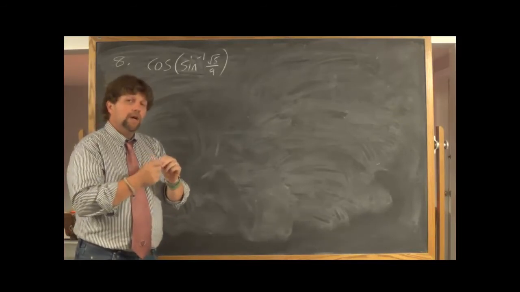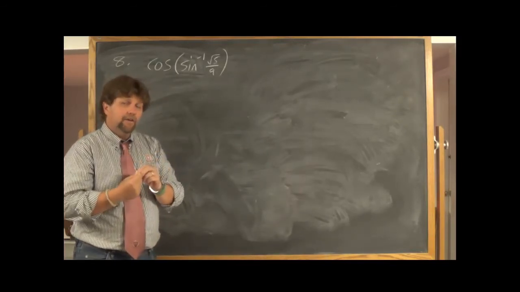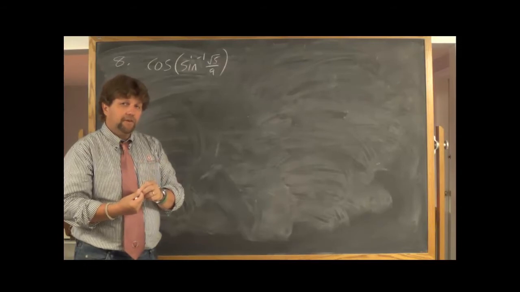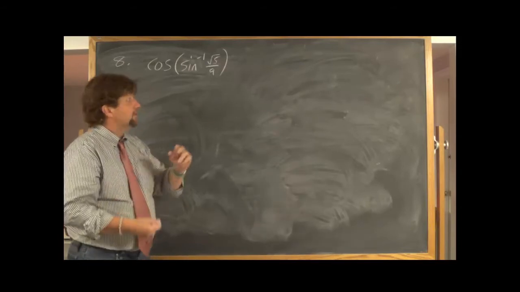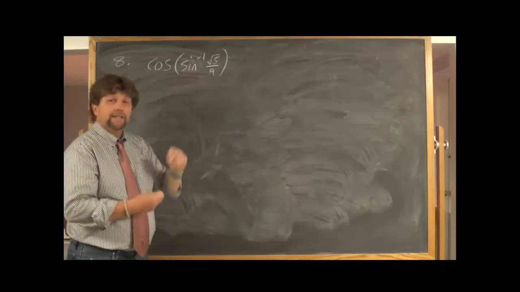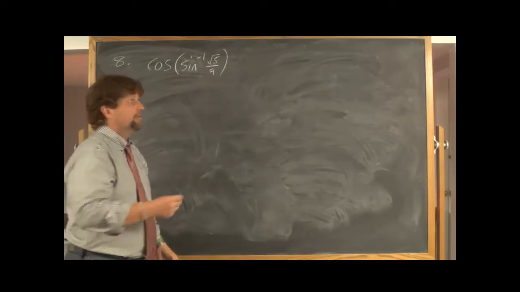But I do know that it represents an angle on the right half of the unit circle. So the first thing I do is write down, I know that's an angle. Let me call that angle theta.